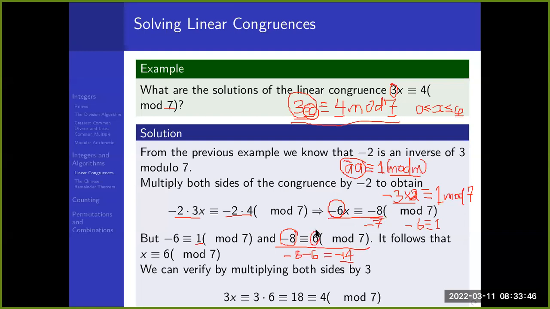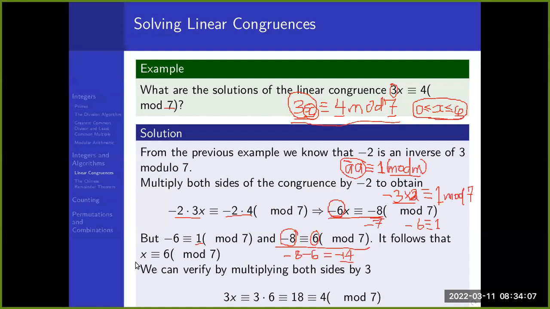I pick 6 because we are mostly interested in values that are congruent modulo 7 lying between 0 and 6. So I can replace -6 with 1. I can replace -8 with 6.